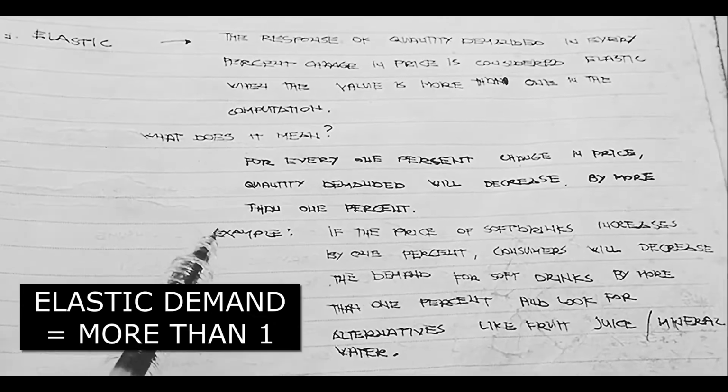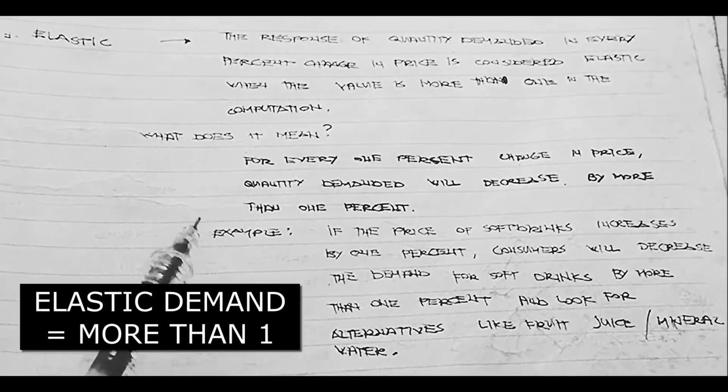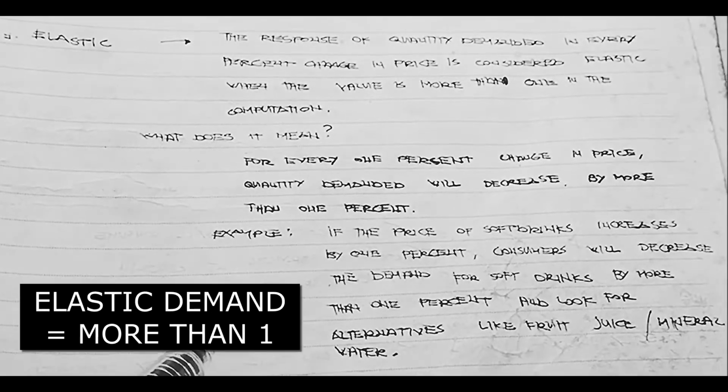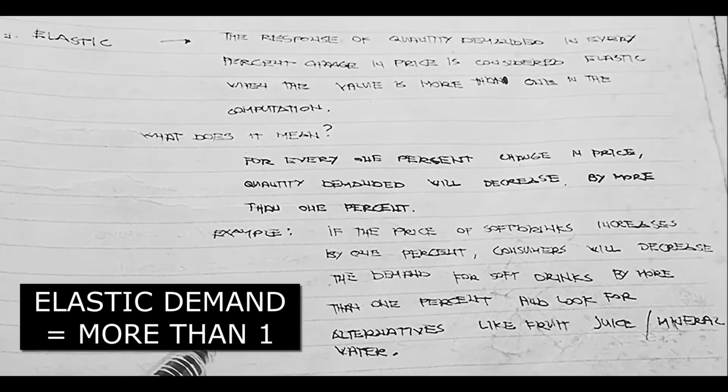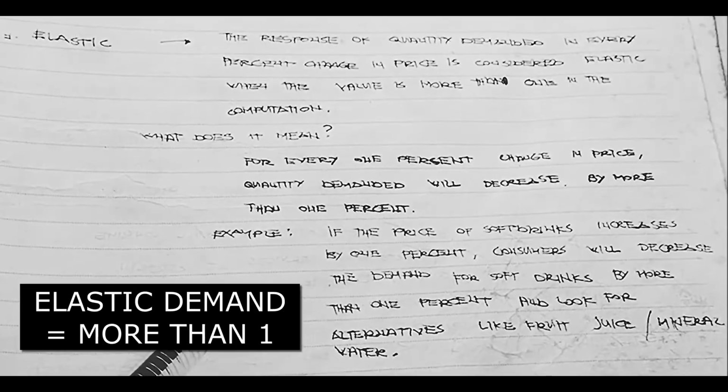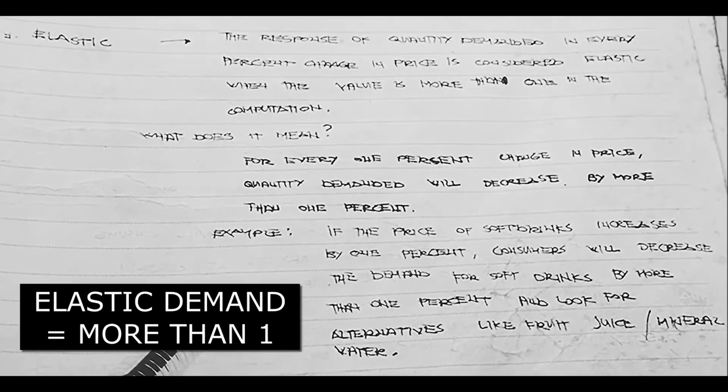For example, if the price of soft drinks increases by 1%, consumers will decrease the demand for soft drinks by more than 1% and look for alternatives like fruit juice or mineral water. Consumers can be swayed when the products have many substitutes.